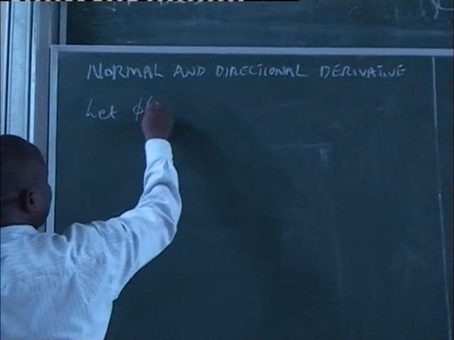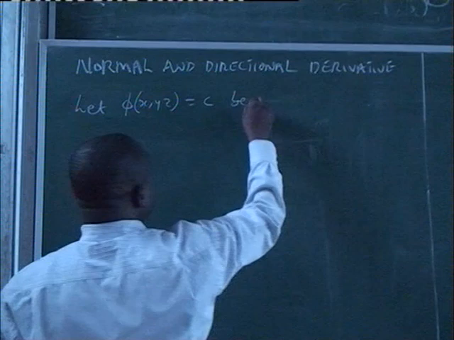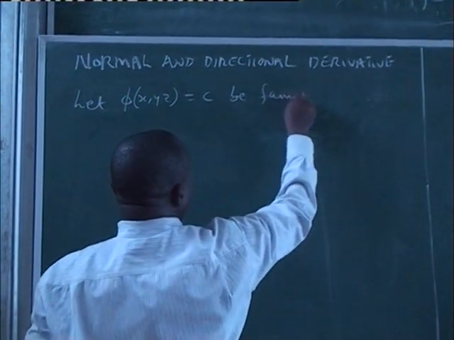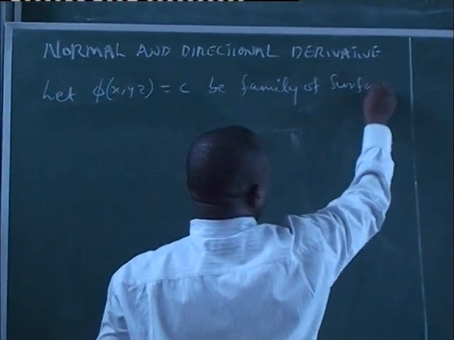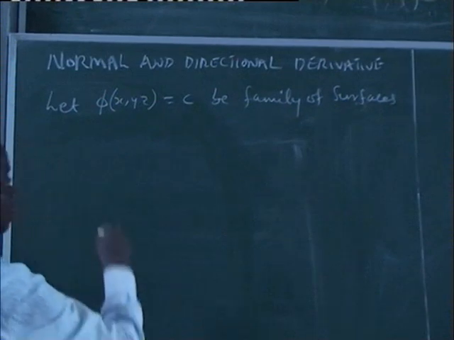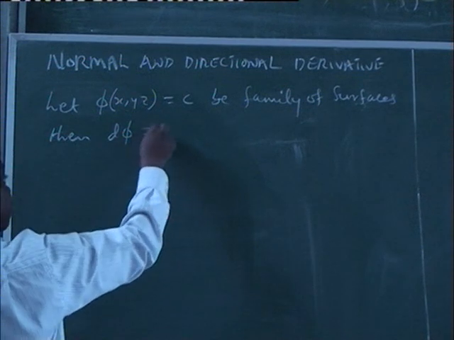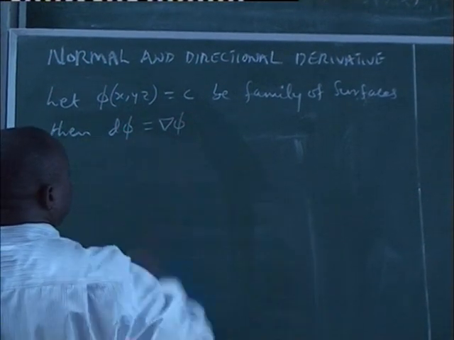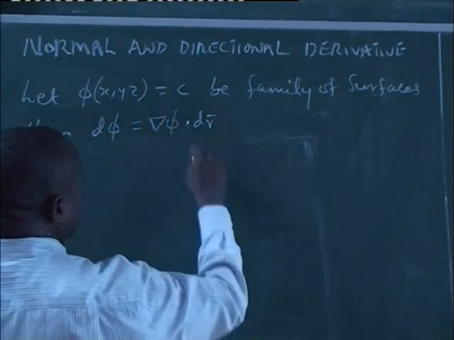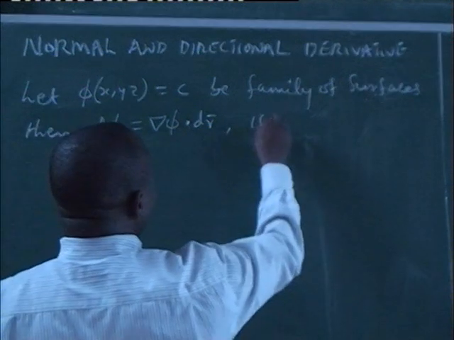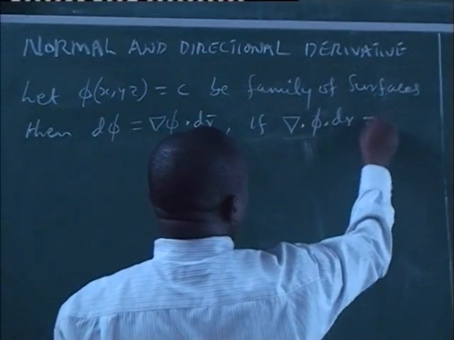Let phi of x, y, z equals c be a family of surfaces. Then del phi dot dr equals 0.